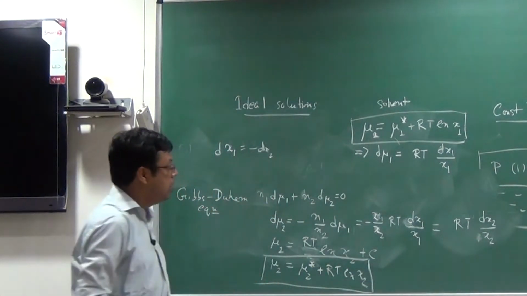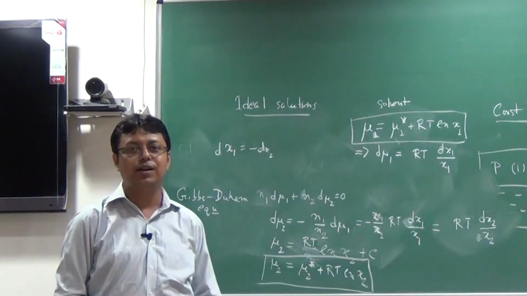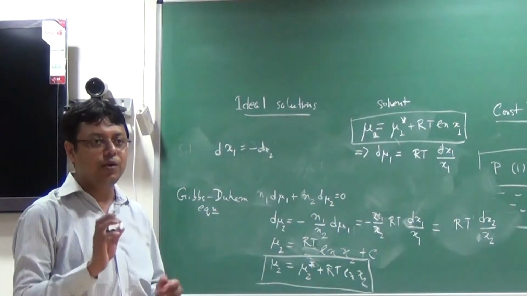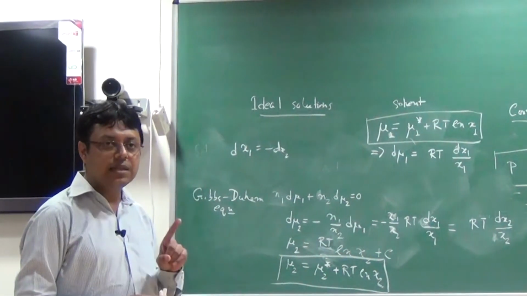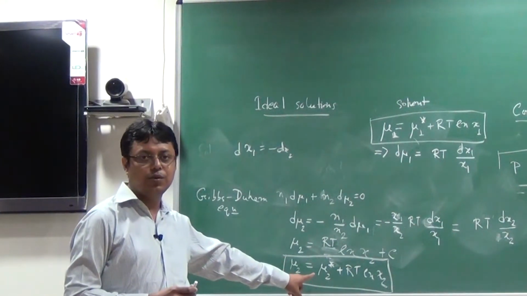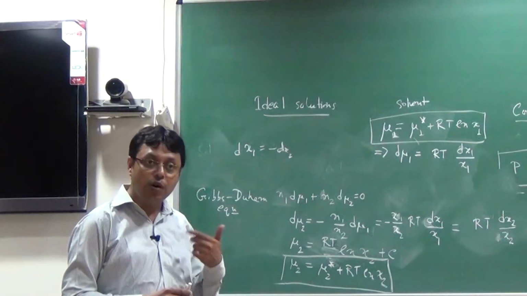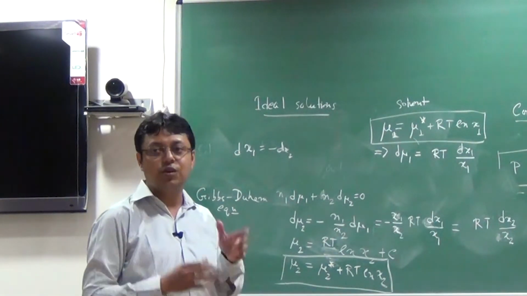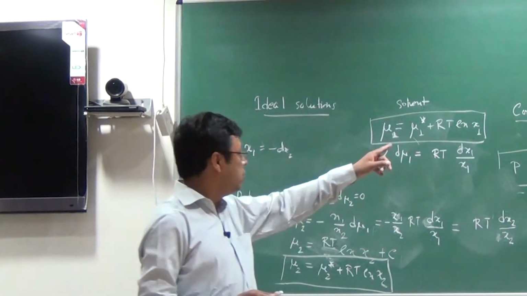Now you see these two equations are exactly identical, only 1 and 2 got interchanged. But the idea is that we could not approach it this way in the first place, because the solute was involatile. So we took the solvent to be volatile, established an equilibrium, and got this equation.